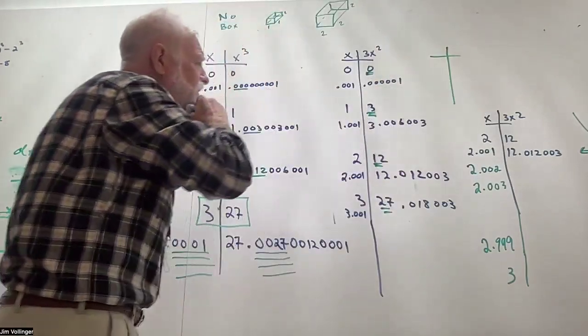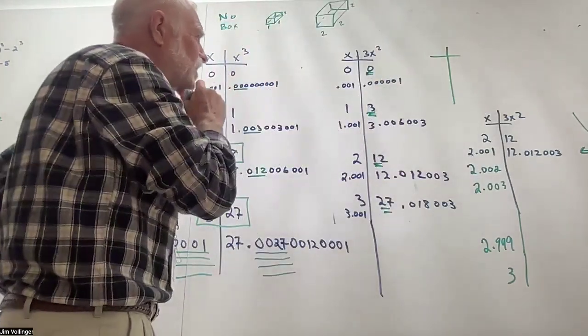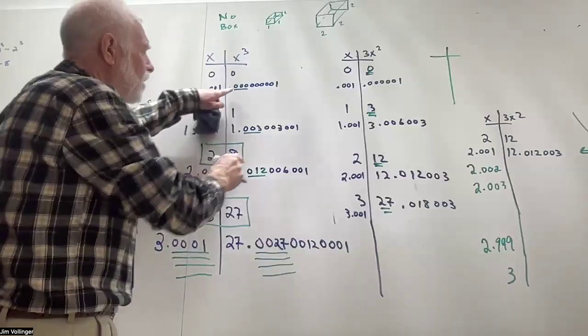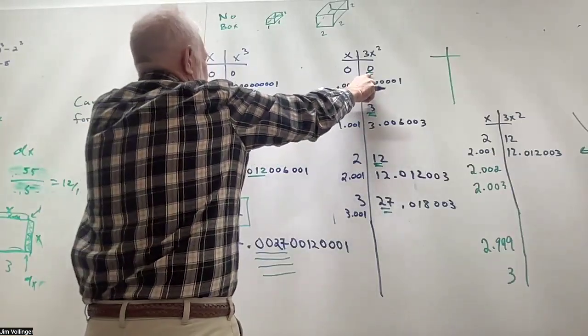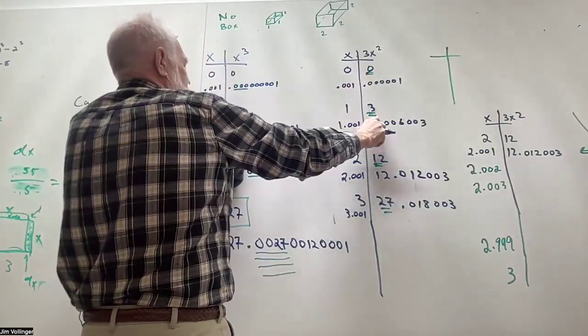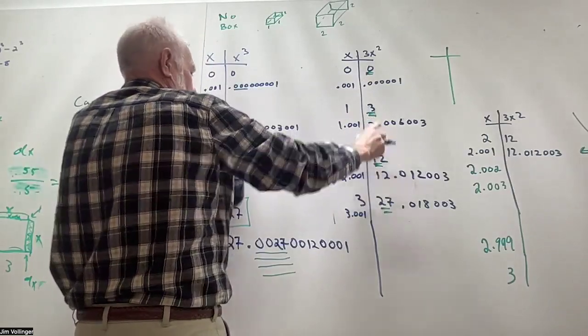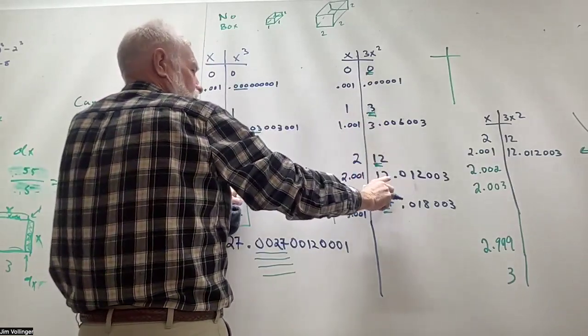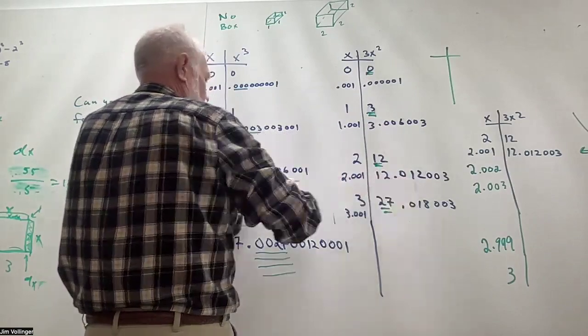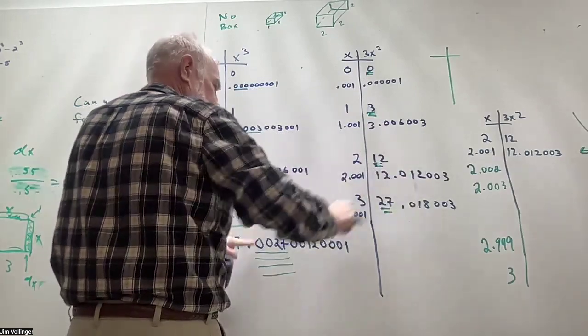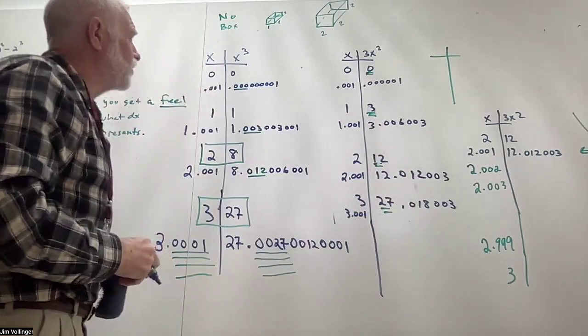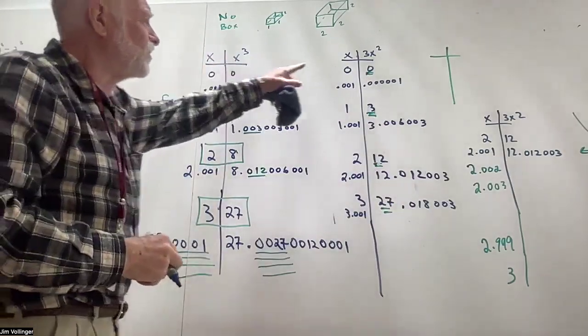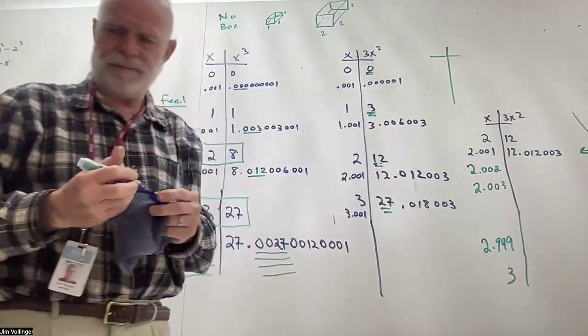Oh, geez, 3x squared seems to be matching up with this. At 0, it's not changing. It's changing at 3 to 1. It's changing at 12. There seems to be some matching up here with the rate at which this function is changing, 3x squared.